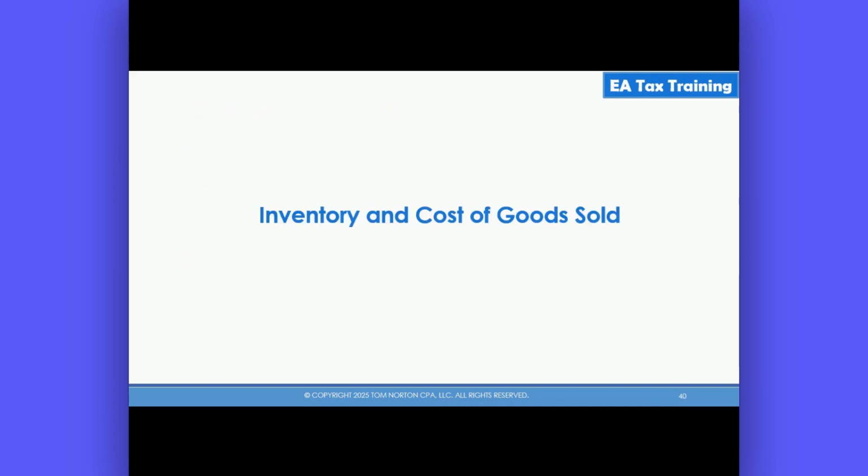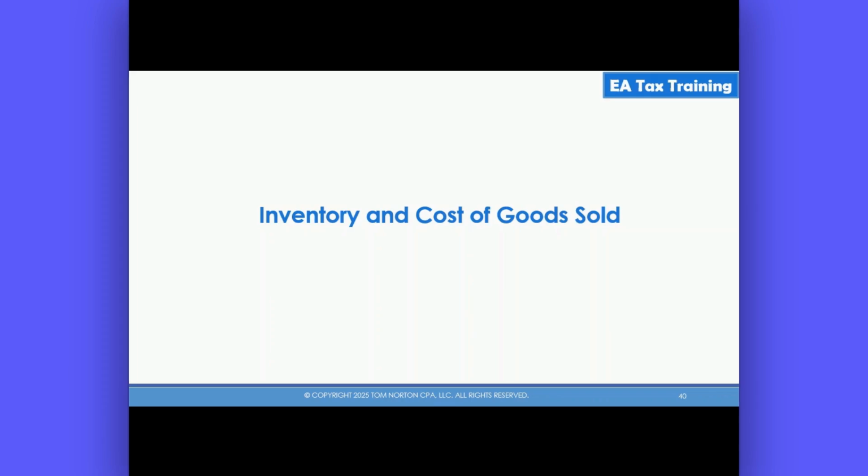Our next topic is inventory and cost of goods sold. And this relates to income. That's why we're talking about it. It also relates to accounting methods because you have to choose an accounting method for how you handle your inventory. Cost of goods sold, even though technically it is a deduction, as you'll remember, shows up in the income section of the tax return.